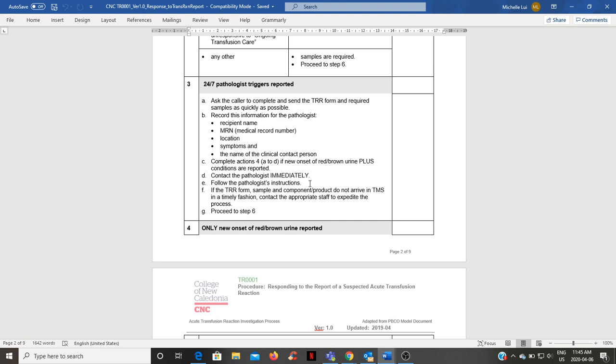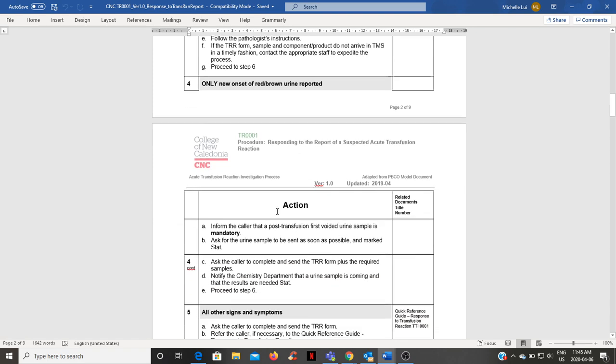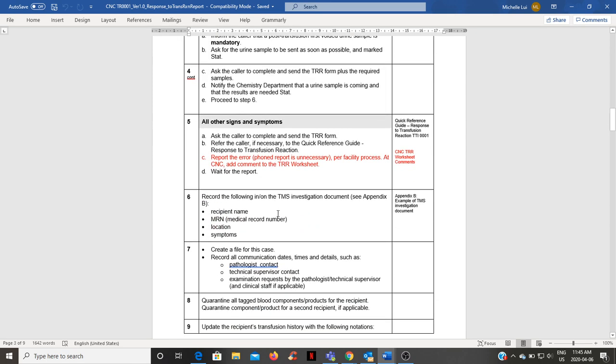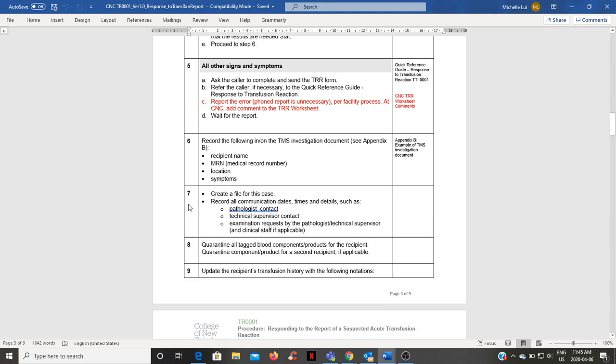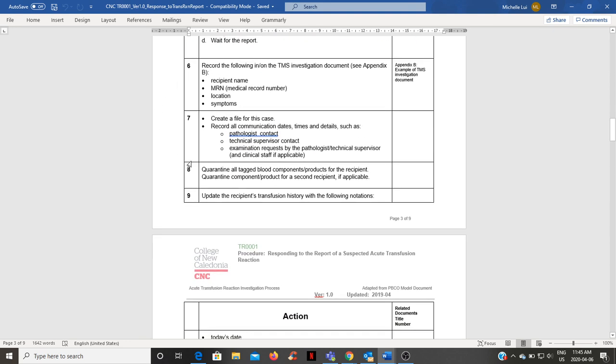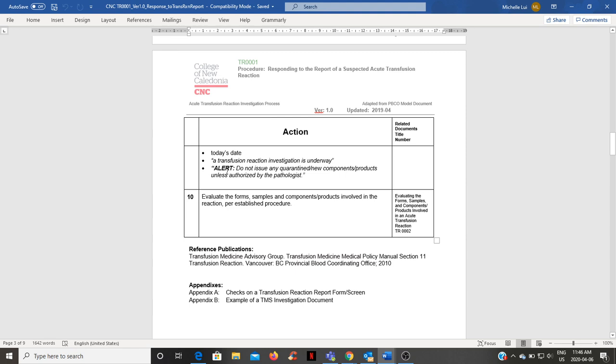Do you think anything else is mixed up for someone else? And what else they think might be unique to this situation. And we've received everything we need at this point, so that's good. And go down to step number 6. And this is where we're starting our investigation again. So make our worksheet, create a file, quarantine, update the patient's history, and continue on.